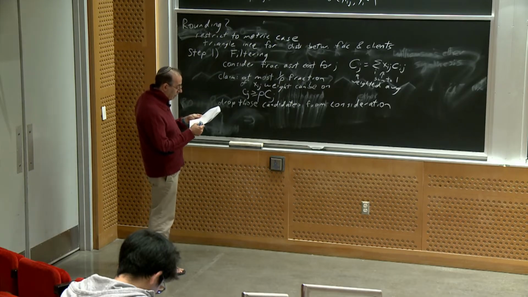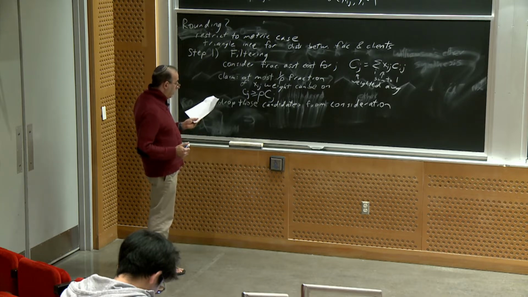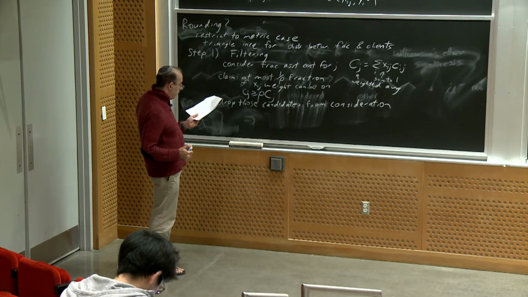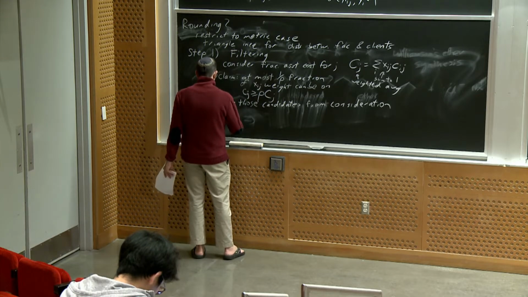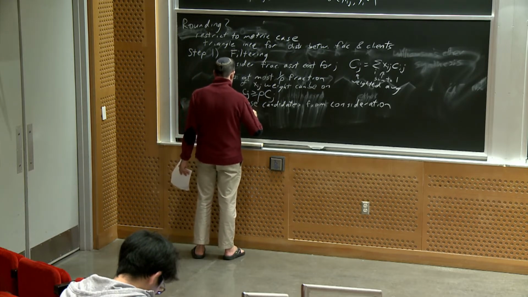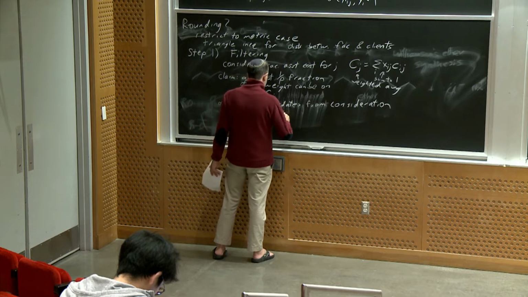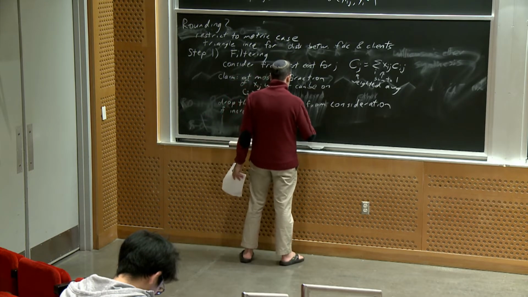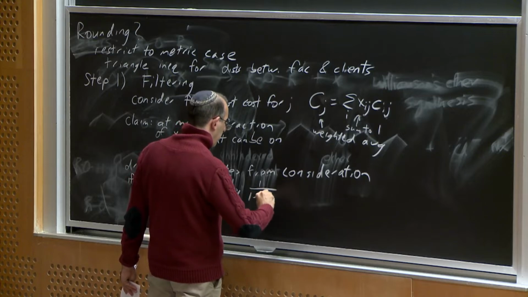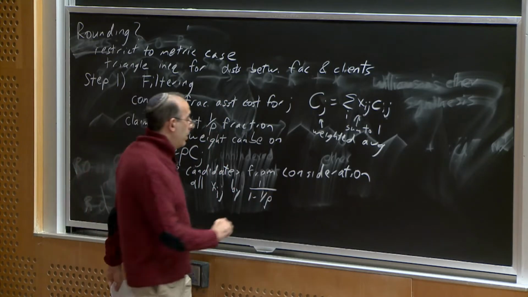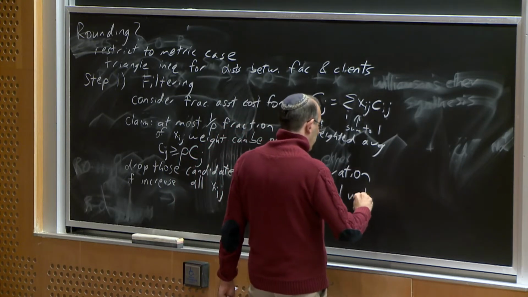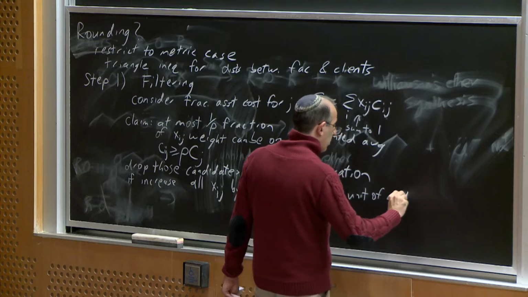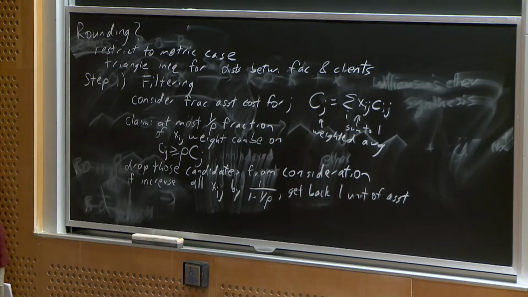Notionally, what you can think about is that if we increase all the xij by a 1 over 1 minus 1 over rho fraction, then we get back one unit of assignment of this client.